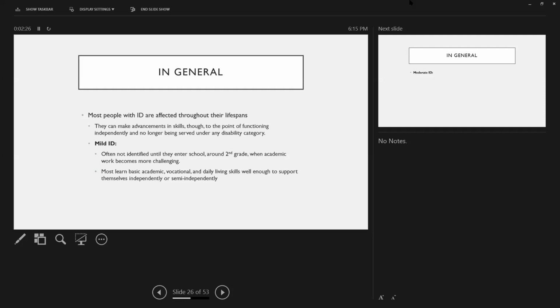By semi-independently, I mean living for the most part on one's own, but having a life coach who will set up regular appointments to make sure that the bills are getting paid and the house is getting cleaned and there's food in the refrigerator, etc.